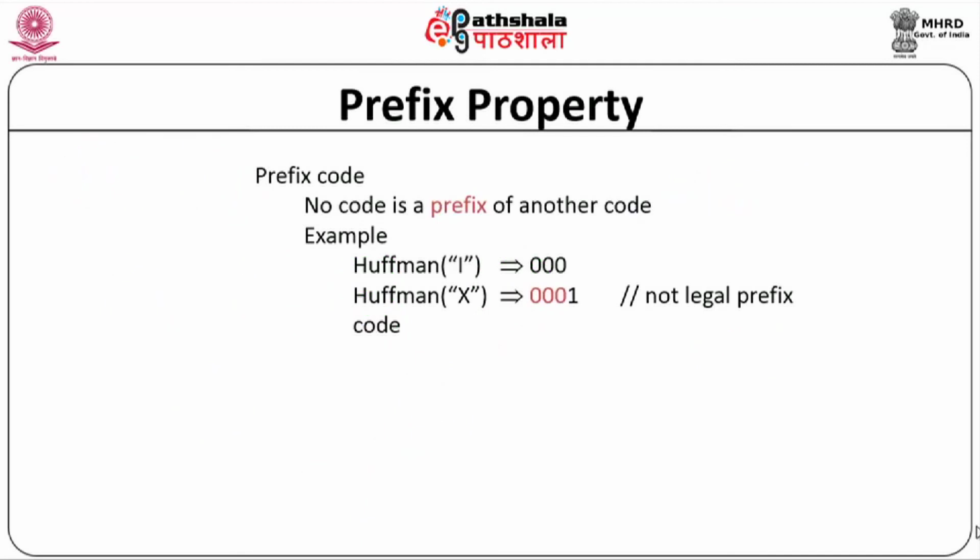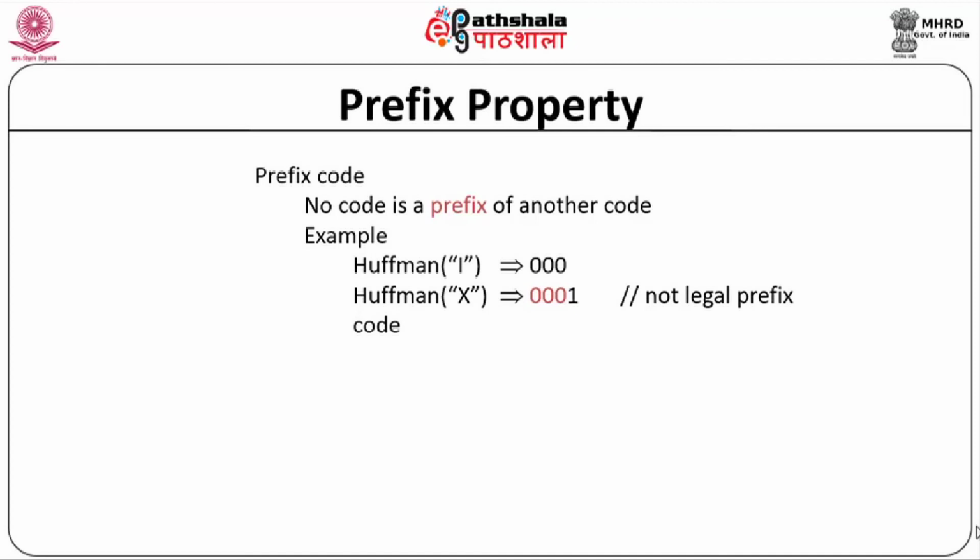But there is only one requirement, that is the prefix property needs to be satisfied. So, what is the prefix property? The prefix property says that no code should be the prefix of another code. For example, let us say if for one symbol it is 0 0 0 hypothetically, then this should not be the prefix for any other code like 0 0 0 1. Why? Otherwise there will be a lot of confusion, and the message will be misinterpreted.